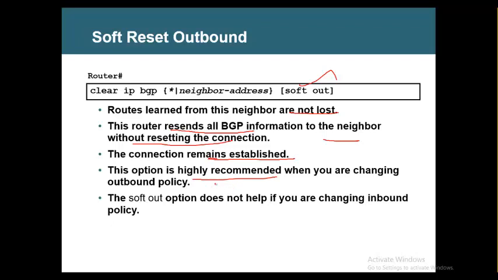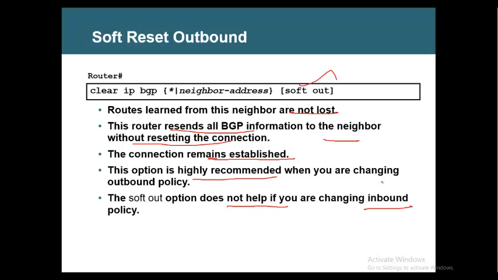Soft out option does not help if you change the inbound policy. Yeah, if you are changing the inbound policy, meaning routes coming from outside to in, it has nothing to do with this soft reset, because it is coming from out to in.